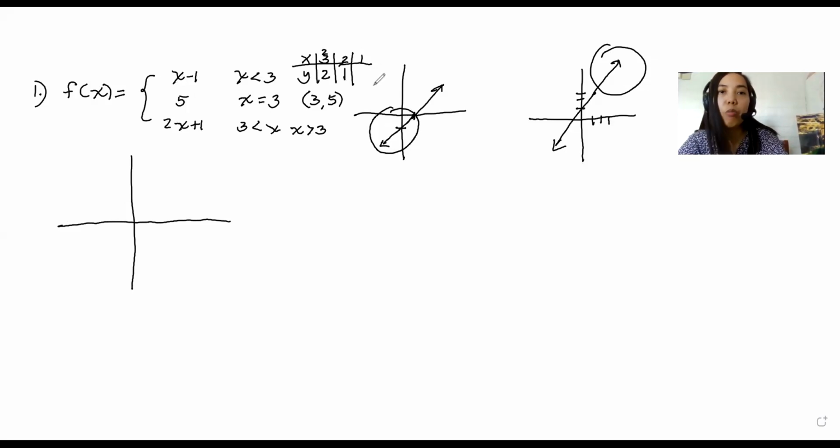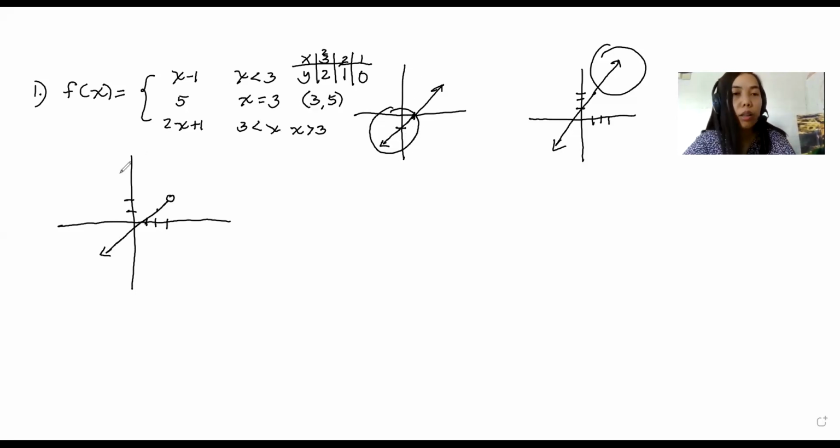If x is 1, y is 0. So we will have (3, 2), and this is open, since we have here less than 3. Then (2, 1) here, and then (1, 0) here, so going down.